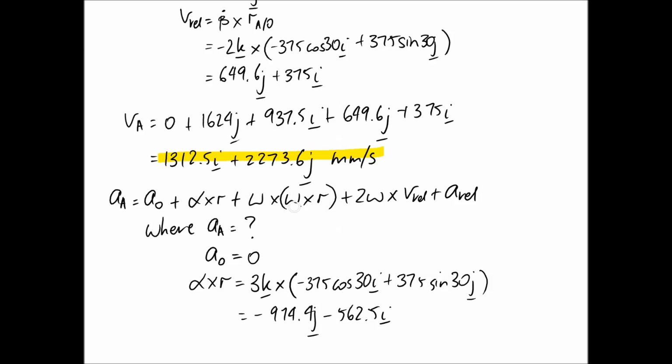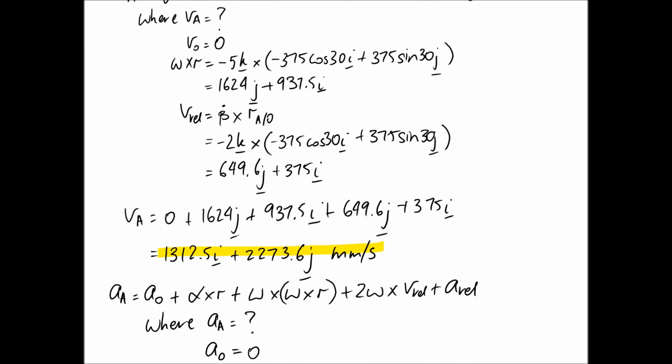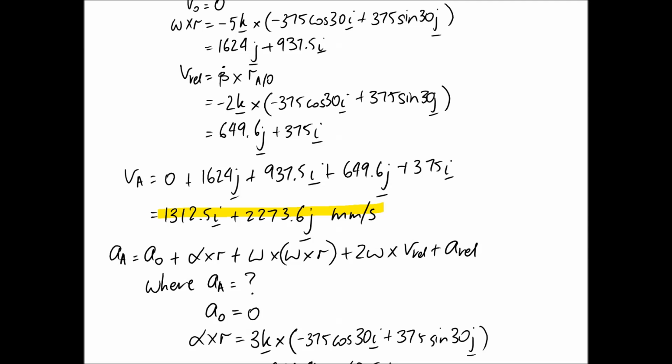Alright, next up we have this omega cross R. And remember, omega was the one for the disk since our axes are attached to it. And we were given that it was -5. And omega cross R, we actually worked that out before, so if you want you can steal the bracket. This is what we simplified it down to, okay?